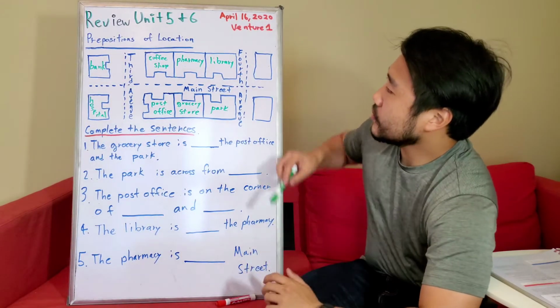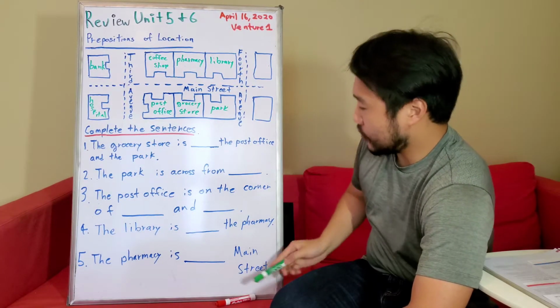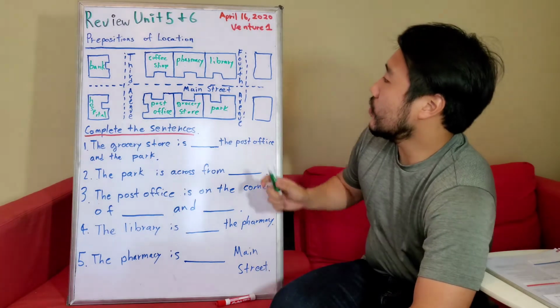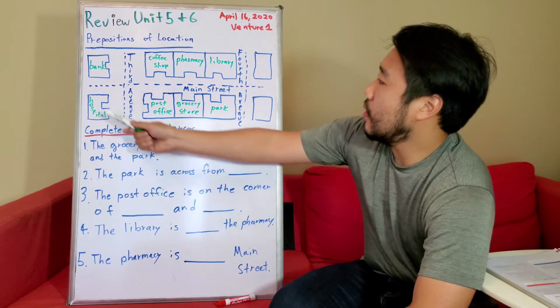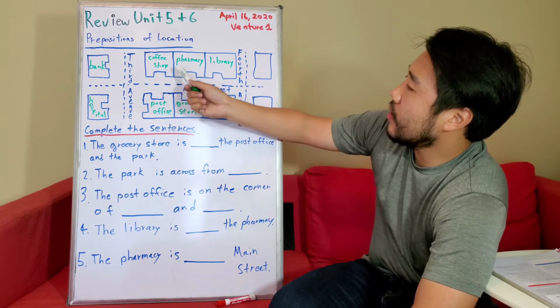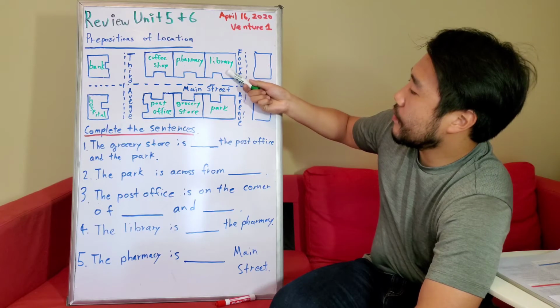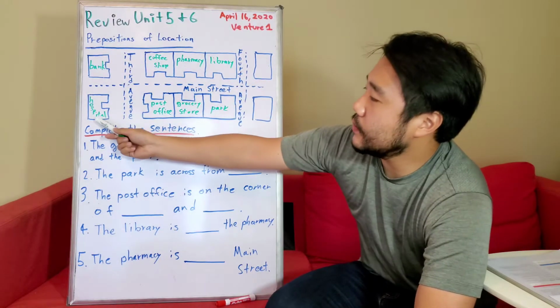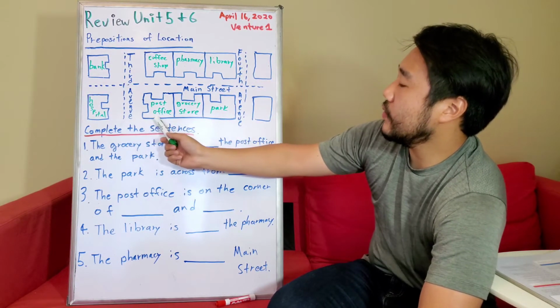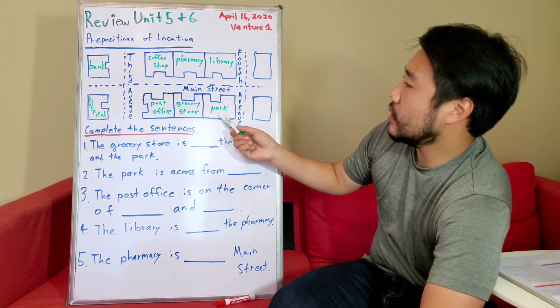So here, this is a map, and I'm going to tell you what it is. For the places, we have bank, coffee shop, pharmacy, library, hospital, post office, grocery store, and park.